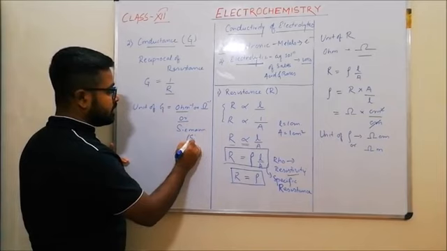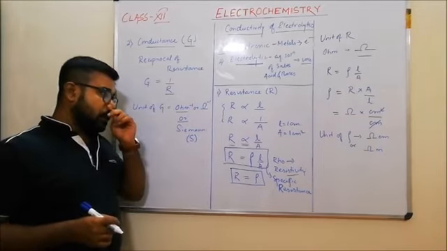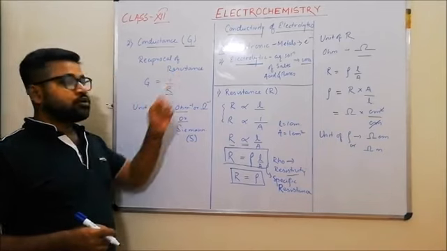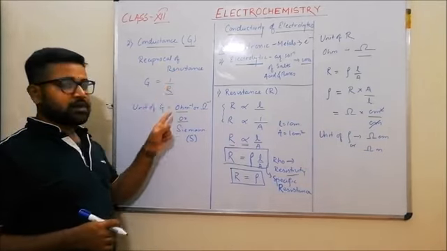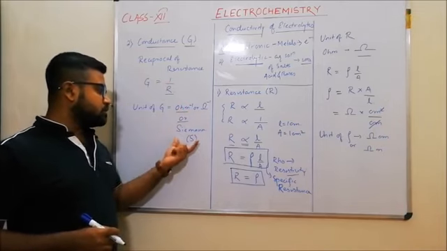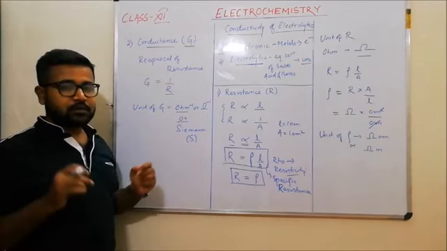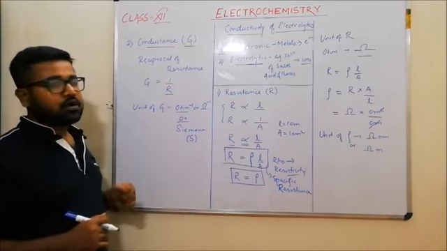It is denoted by capital S, and this is the unit of conductance. So remember, conductance is the reciprocal of resistance, meaning G equals 1 by R. That's why the unit of G is ohm inverse, which is also called the Siemens, denoted by capital S. Clear? So this is about conductance.